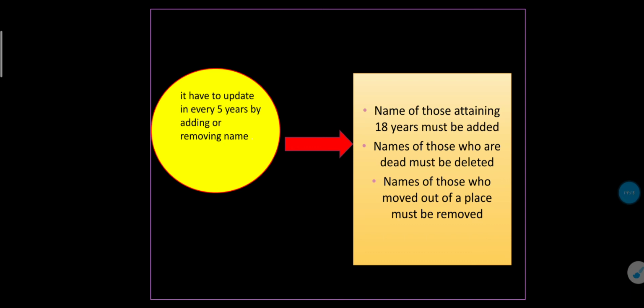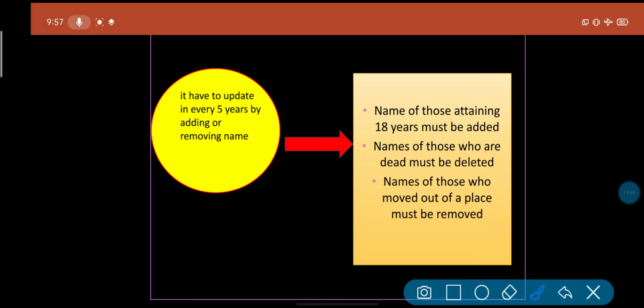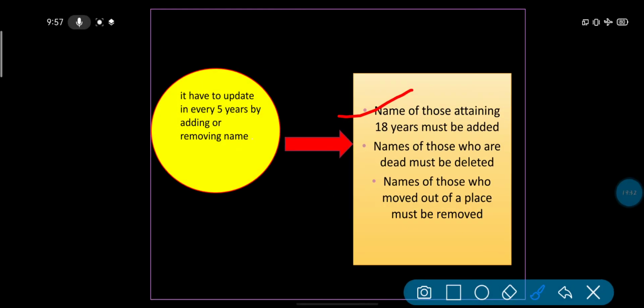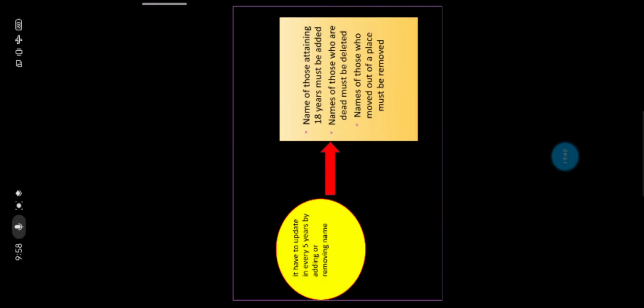When they update the voter list every 5 years, they add the names of those who attain 18 years, because the teenagers who become adults at 18 years of age get their voter ID card.